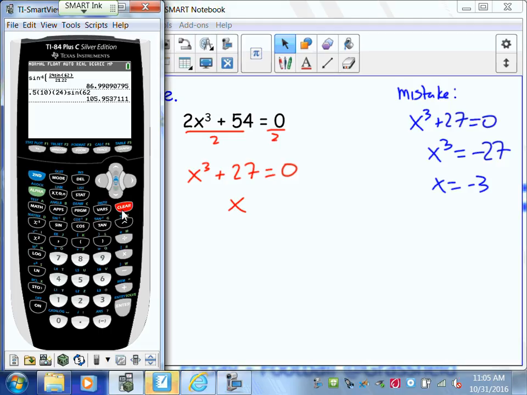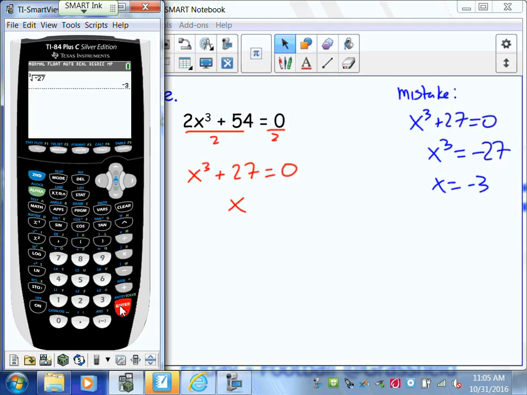So the most common mistake I'm going to see on the test is, all right, I just take the cube root of negative 27. Yay, the answer is negative 3. That's 1 out of how many answers? 3. Now, that's a real answer. That means the other ones must be imaginary. I love these.